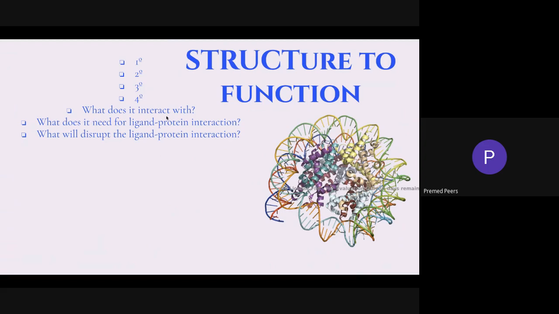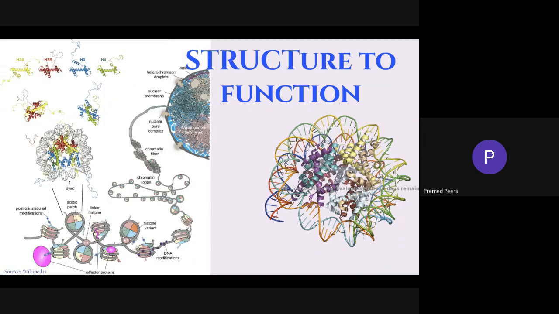And what is it interacting with, which I kind of answered. What does it need for the ligand protein interaction? Remember that the double-stranded DNA backbone is charged. We do need some sort of charged species. What would disrupt the ligand protein interaction? Those are all the questions that we need to think about.